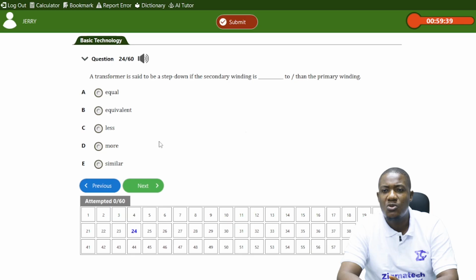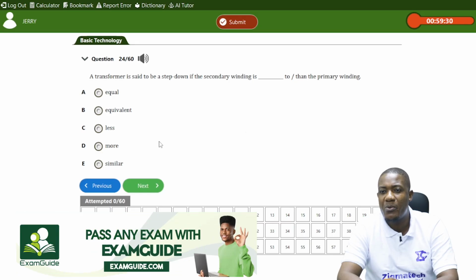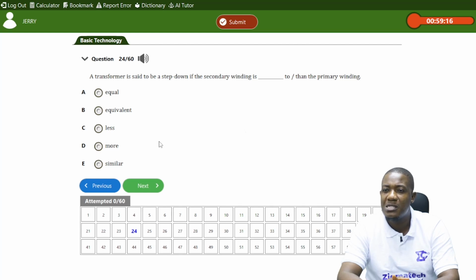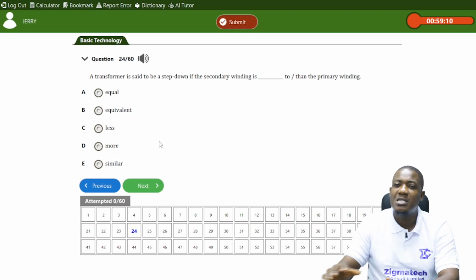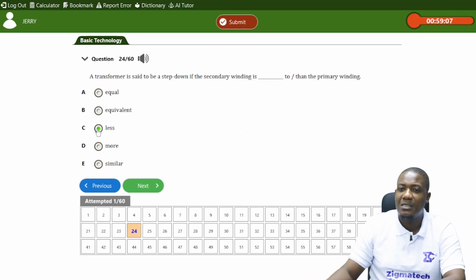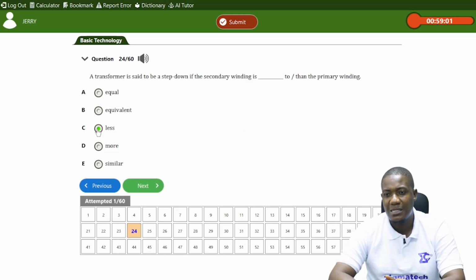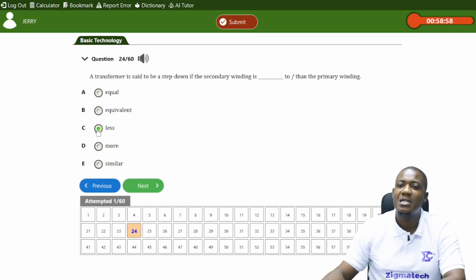I've told you before, if it's a step-down transformer, the number of windings in the primary coil will be greater than that of the windings in the secondary coil. So in this case, the windings in the secondary coil is less than in this case. Do you see that? It's less than in this case.